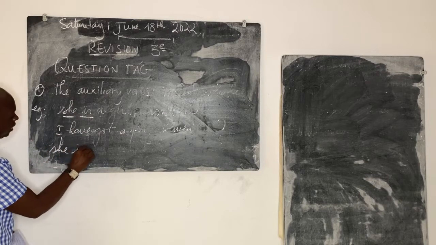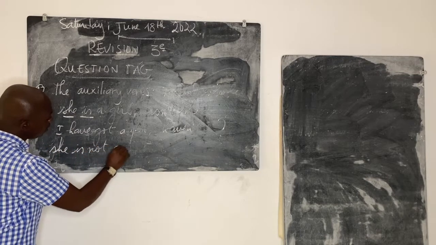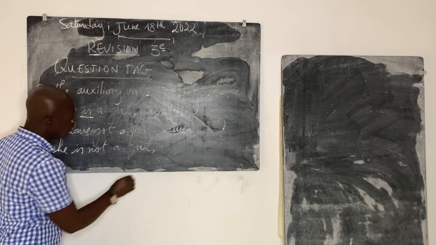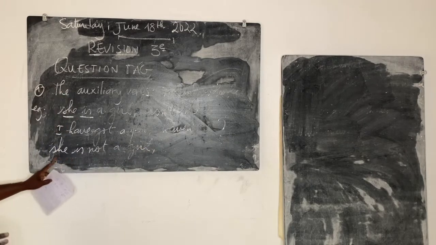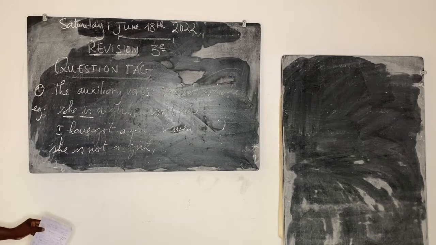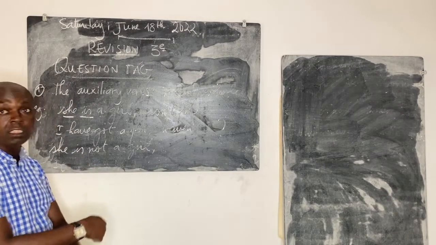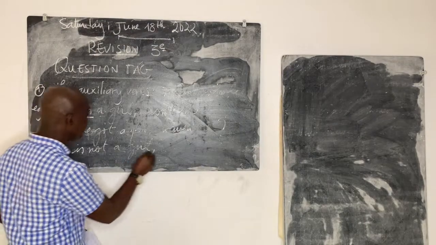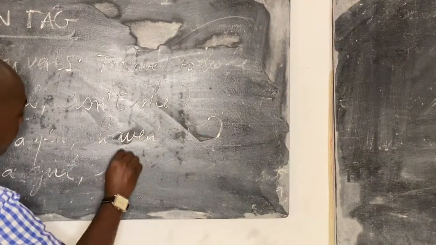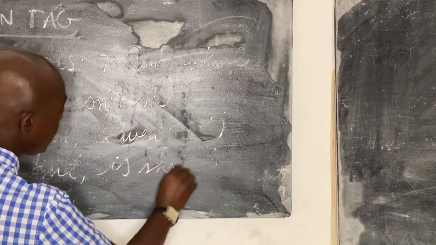Another sentence: she is not a girl. You see that here the sentence is in negative form, so the tag is going to be interrogative form. It's going to be is she?